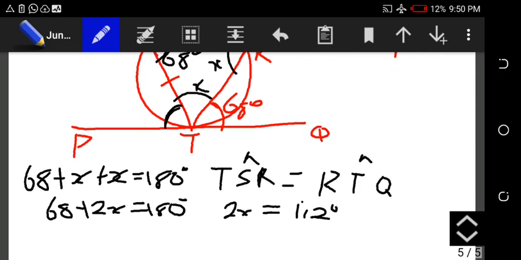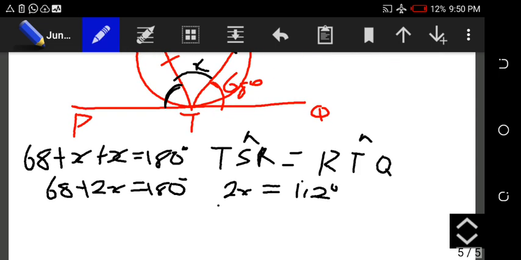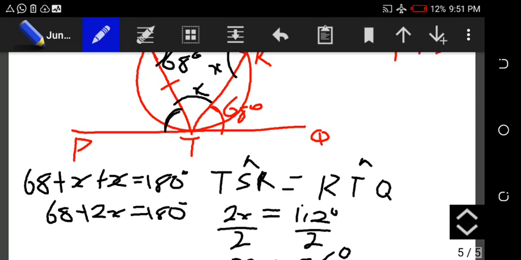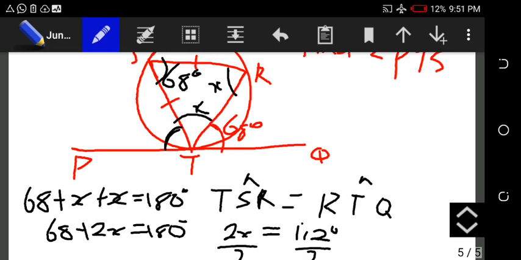To get x, we divide both sides by the coefficient, which is 2, and x is equal to 56 degrees. So the angle at this point is 56 degrees.